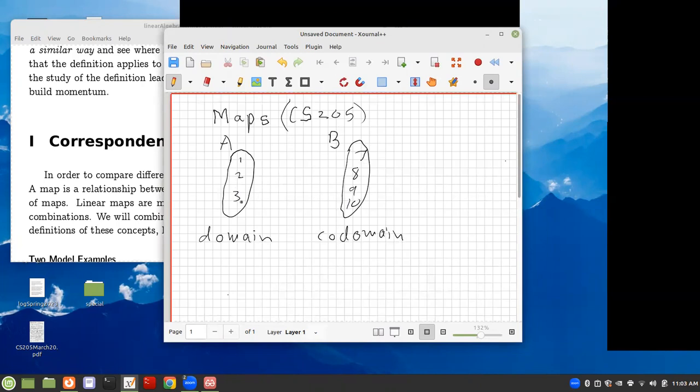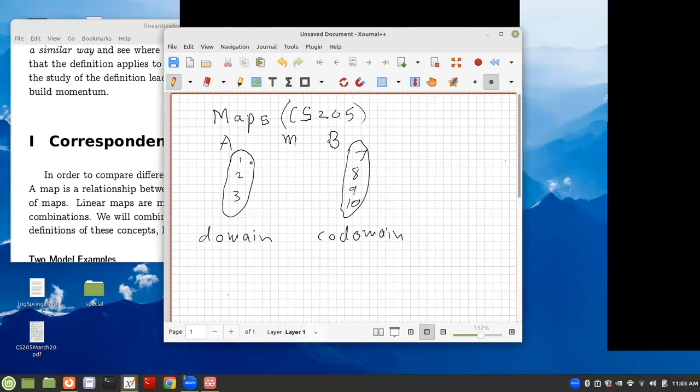When we do vector spaces, they don't have to be the same kinds of vector spaces, or even the same dimension. If they have a basis, the bases don't have to have the same number of elements. Okay, so a map has a domain and a codomain. Say we have the map M, to recall that it's a map.